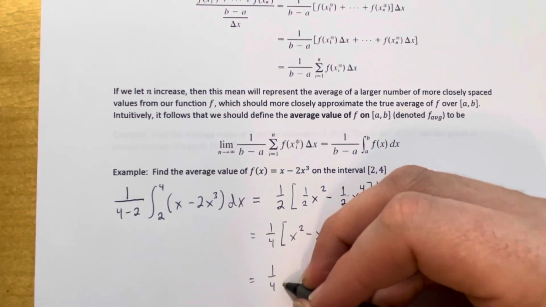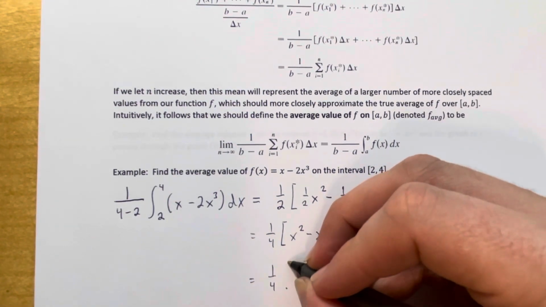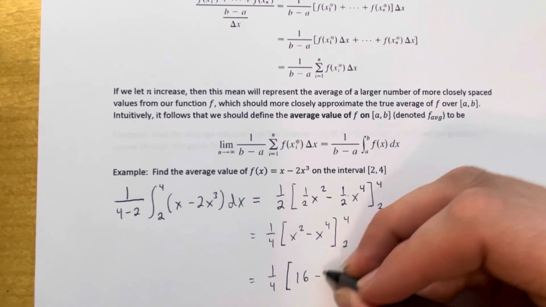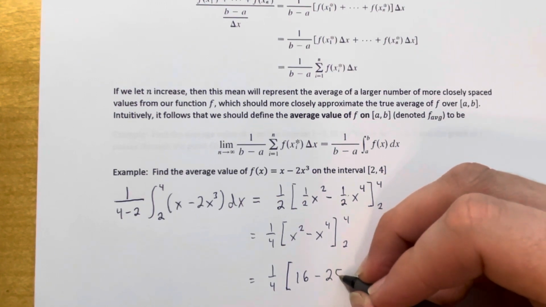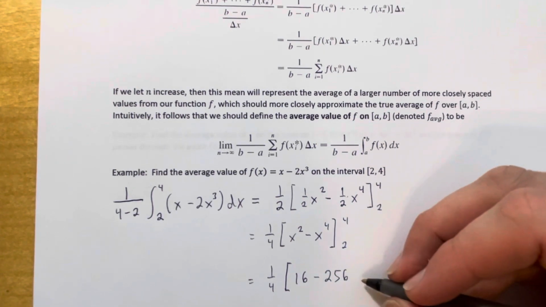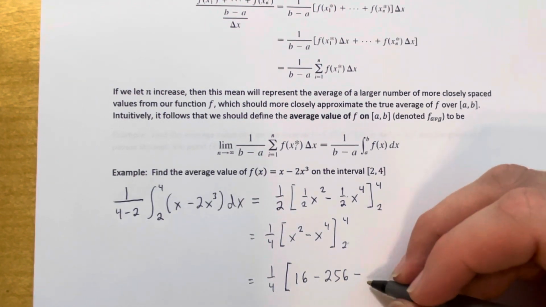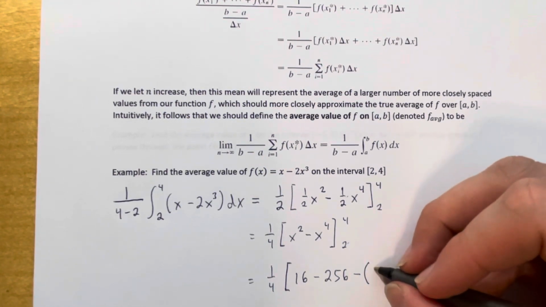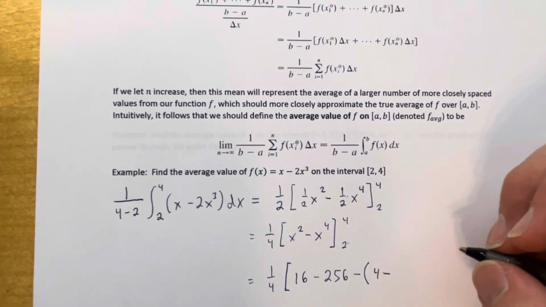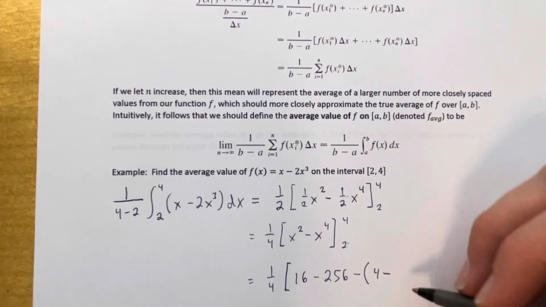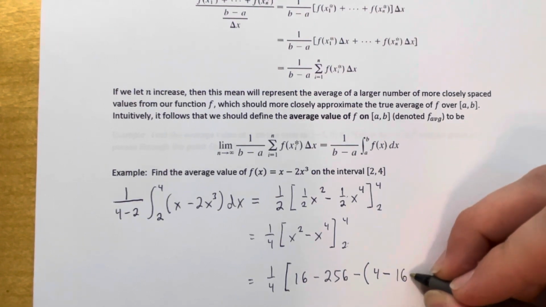Well, it's 1/4 times 4 squared, which is 16, minus 4 to the 4th power, which is 256, minus, with parentheses, 2 squared, which is 4, minus 2 to the 4th, which is 16.